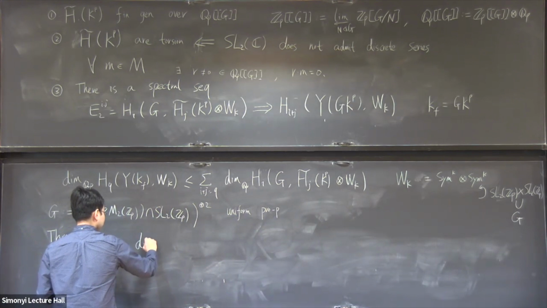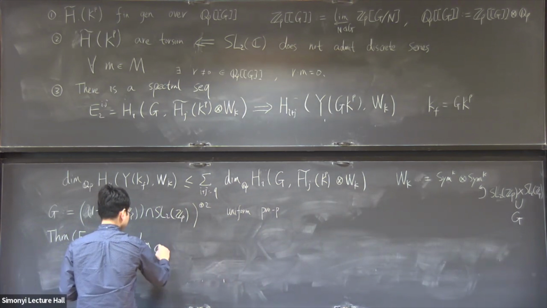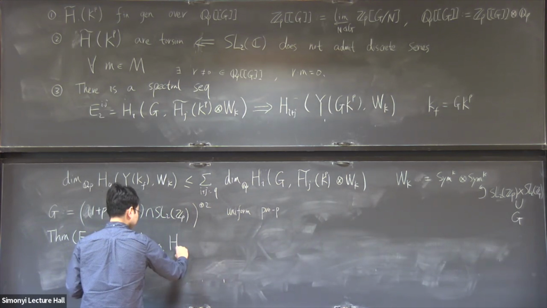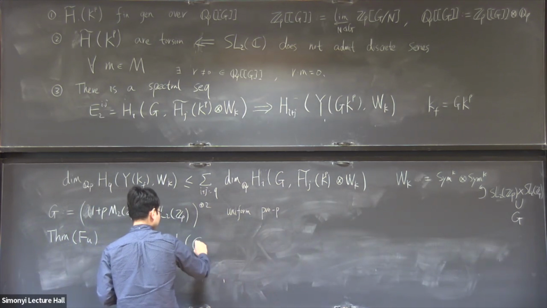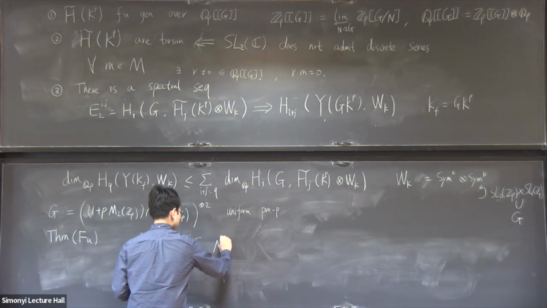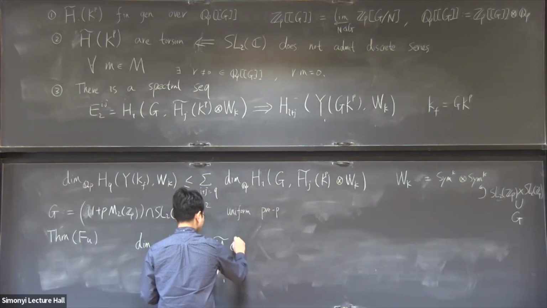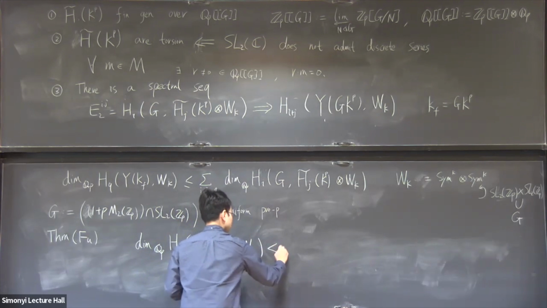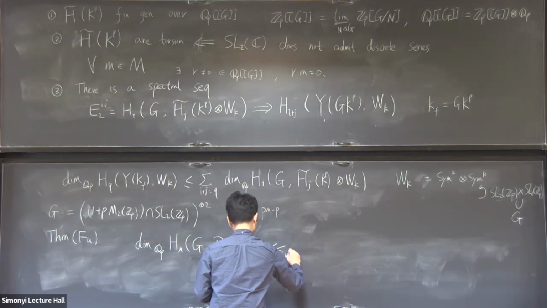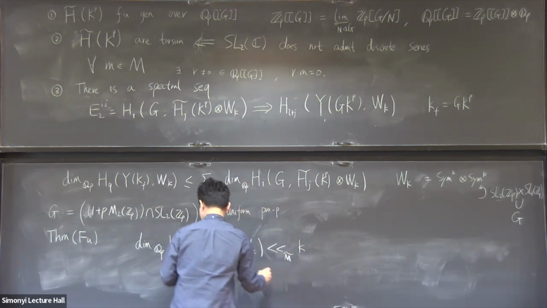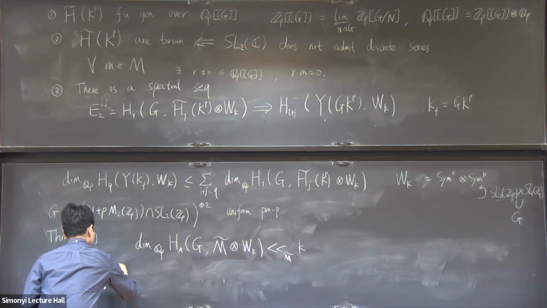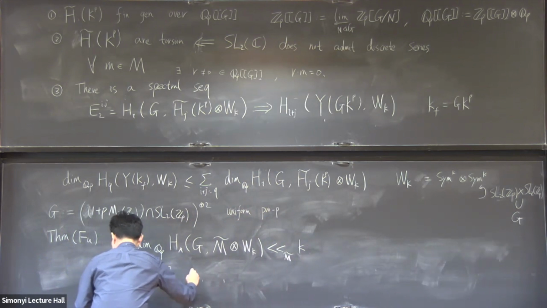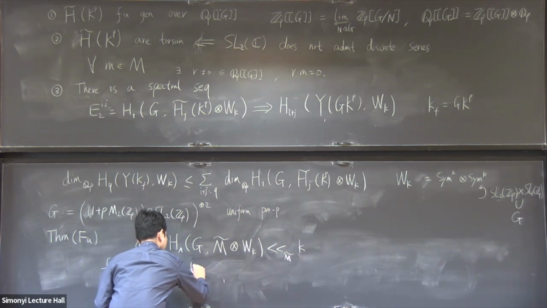So the local statement I prove is the following. I can bound all the homology for torsion modules of this group G, for any finitely generated torsion Iwasawa module.